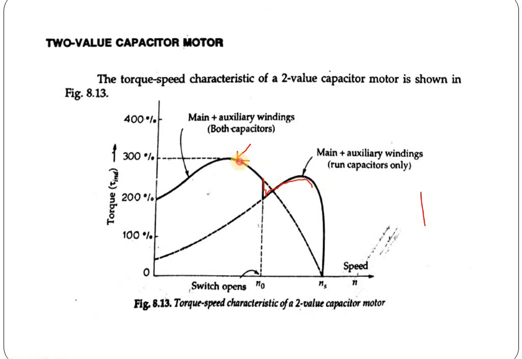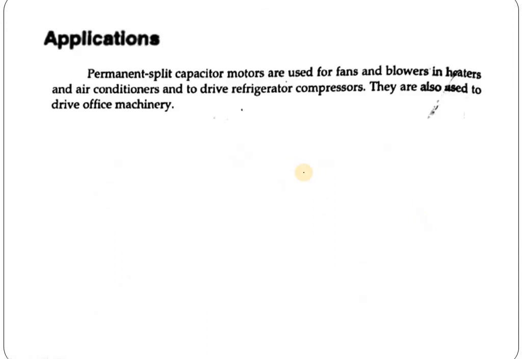So the maximum torque is slightly reduced when one capacitor is removed, but still the torque speed characteristics are much better than previous motors, the capacitor start motor or resistance start motor. Compared to those, this motor is much better.